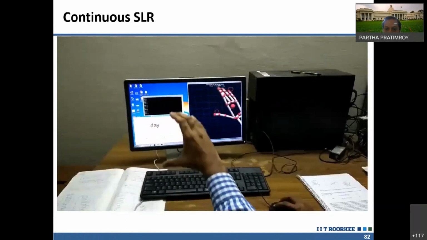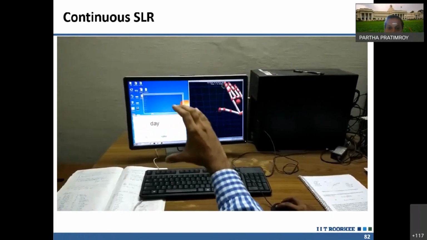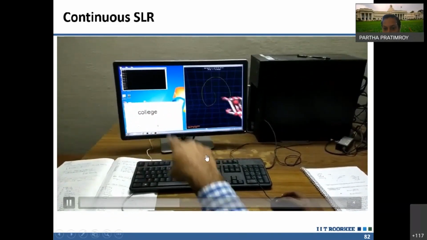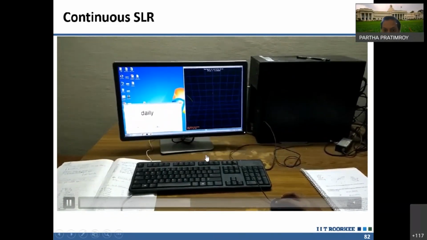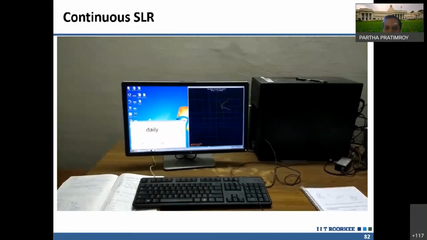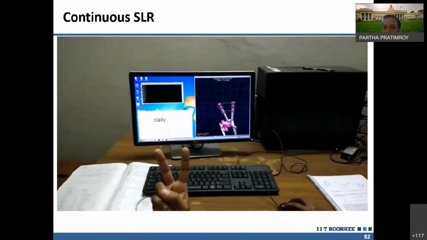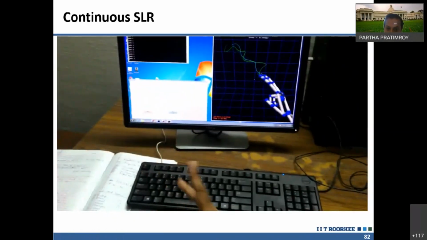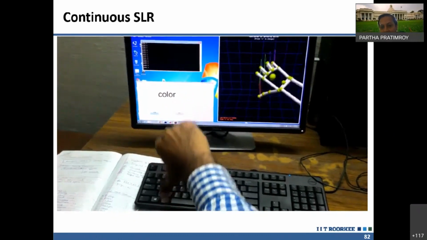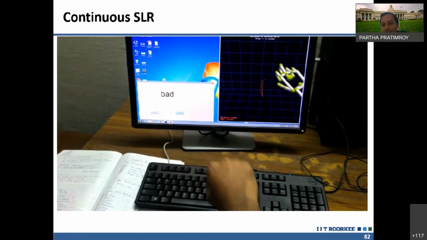So for example, you have 10 inputs or 20 inputs according to the number of junctions, and those junctions are giving you data in each frame, and then you process them, and finally you have the labels. The label is the gesture meaning, whether it is a color, a name, or whatever.